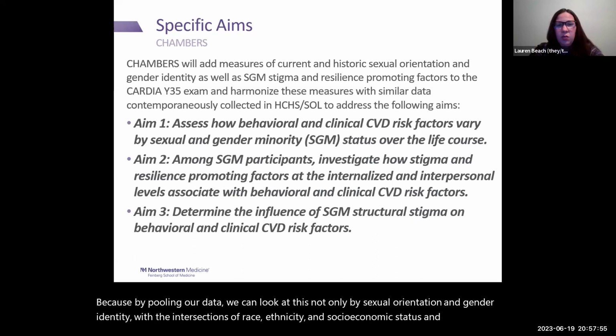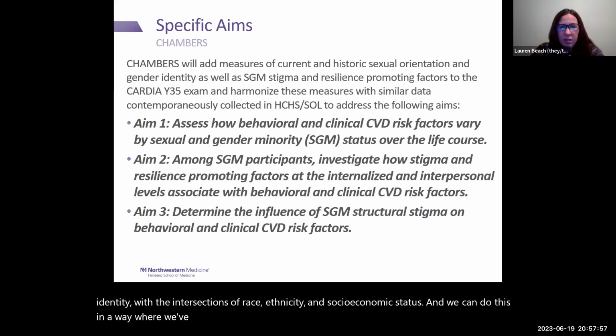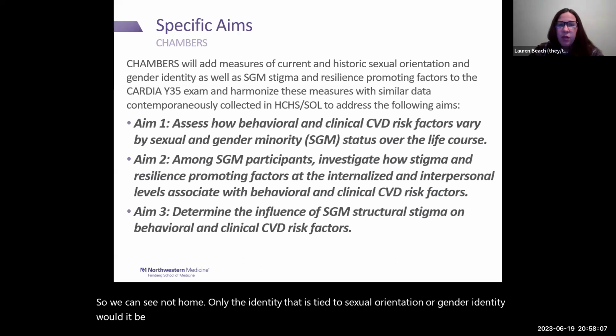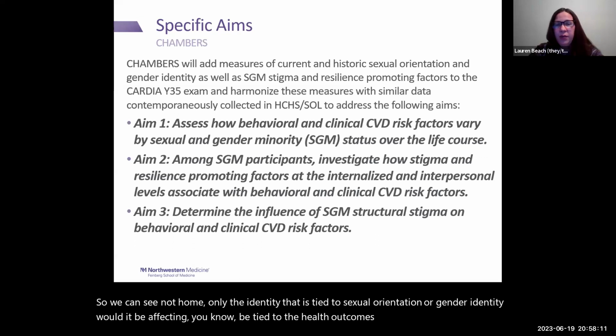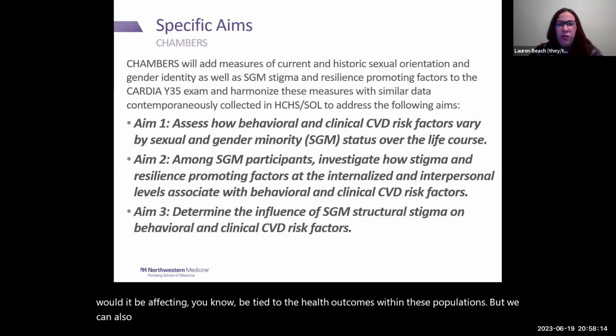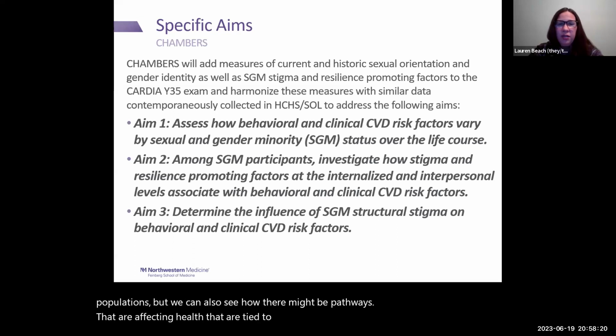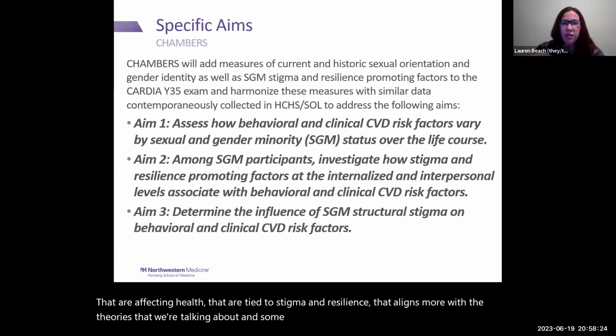We've also included measures of stigma and resilience promoting factors, so we can see not only how the identity tied to sexual orientation or gender identity is tied to health outcomes within these populations, but also how there might be pathways affecting health that are tied to stigma and resilience, which aligns more with the theories we're talking about in some of the other lectures this week.